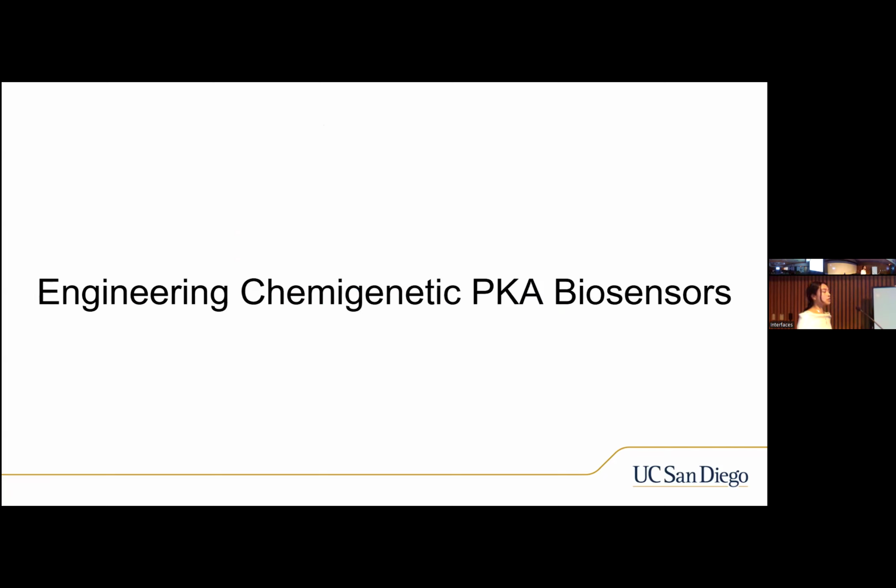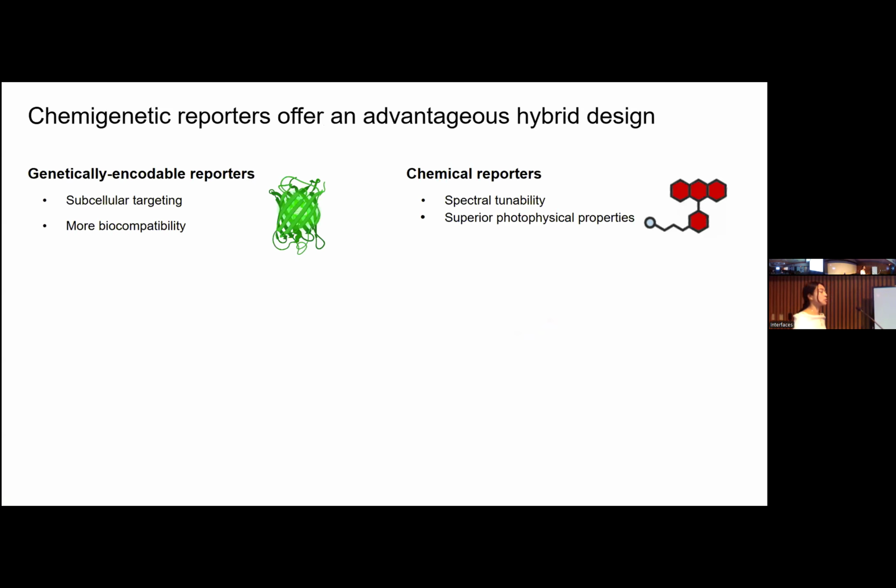And so we overcame this with a new kinase biosensor design that uses a chemogenic reporting unit. Chemogenic reporters combine the subcellular targeting capabilities of genetically encodable reporters like fluorescent proteins with the flexibility of tunable and photostable chemical reporters like dyes or stains.